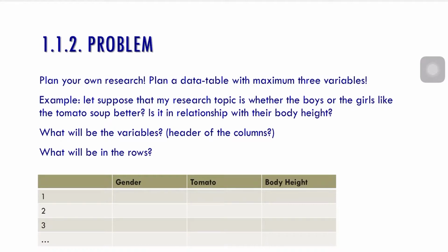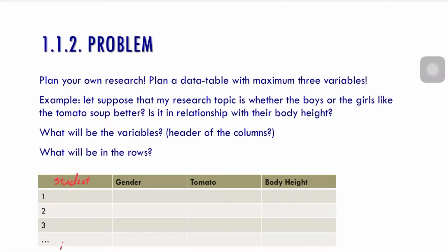As you see here, what I explained on the last page, we can show in the table: gender, tomato, the body height, and also the student in this column. Every row we can start with the student name or student number, and we can see the relation between the individual and the variable.